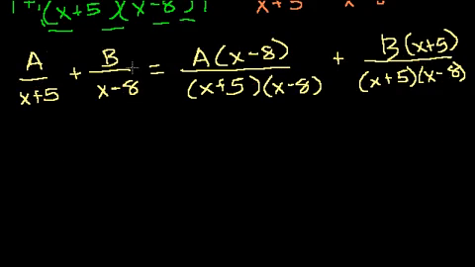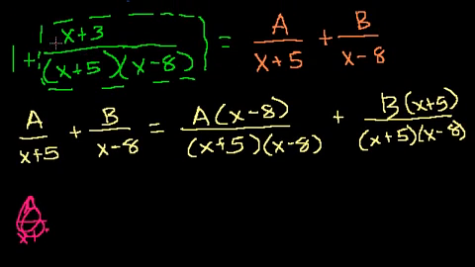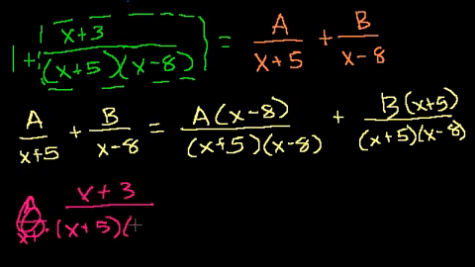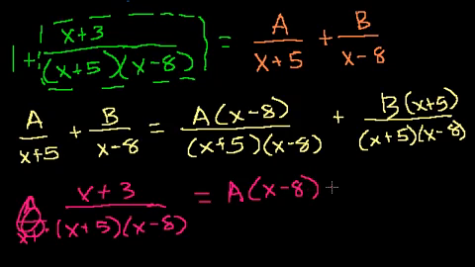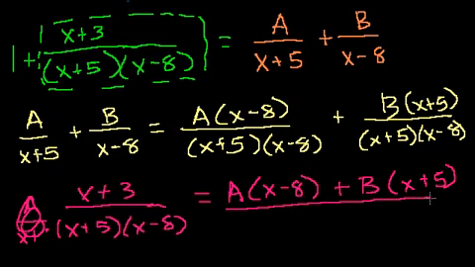I want to write x plus 3 over x plus 5 times x minus 8 is equal to the sum of these two things on top, a times x minus 8 plus b times x plus 5. All of that over their common denominator, x plus 5 times x minus 8.